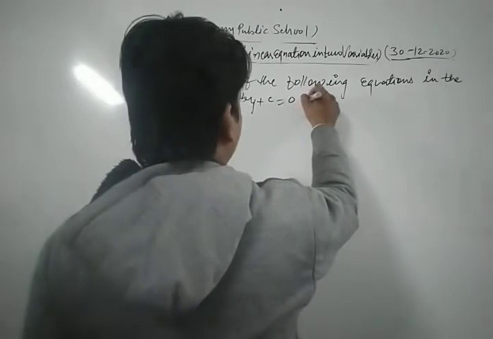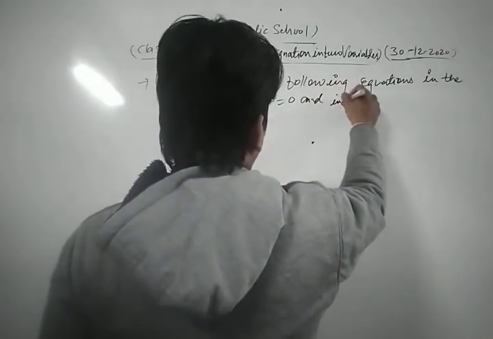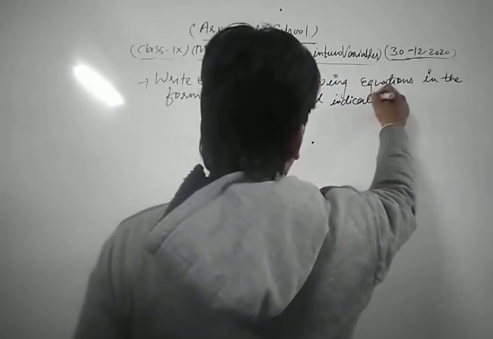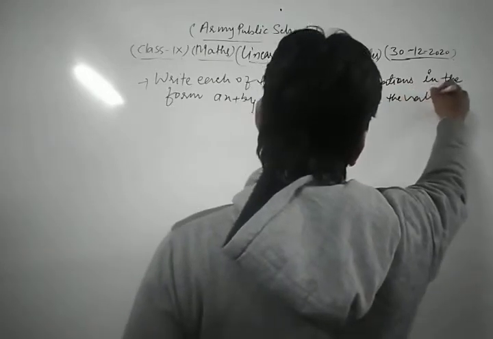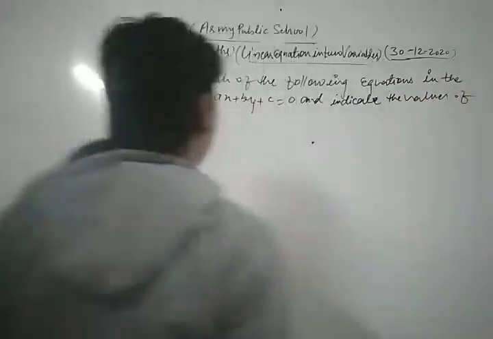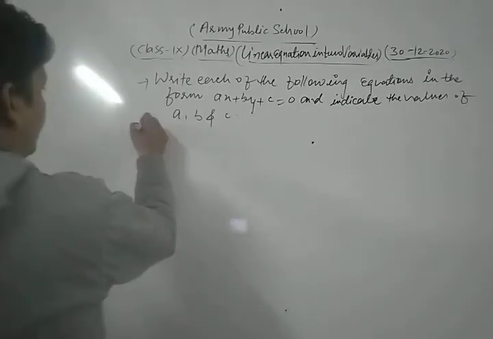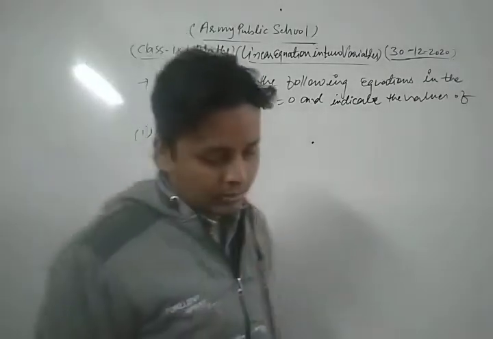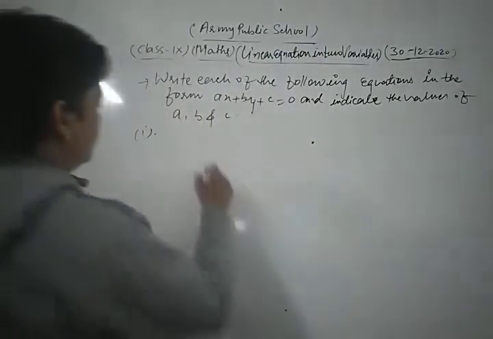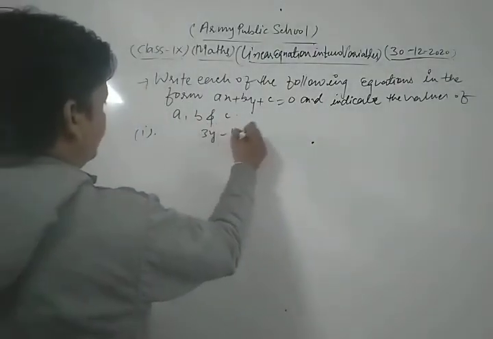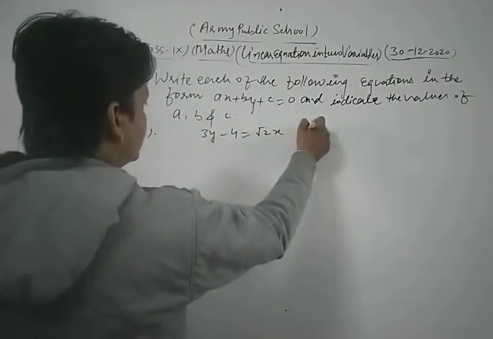Okay, and indicate the values of a, b and c. Your first part of this question is what? 3y minus 4 is equal to root 2x.